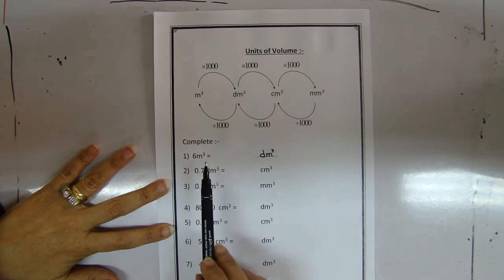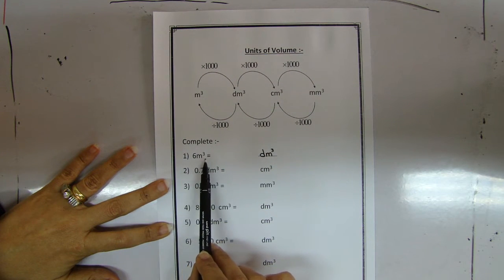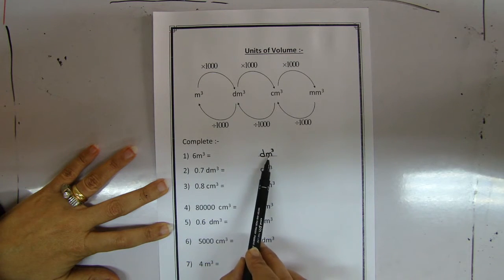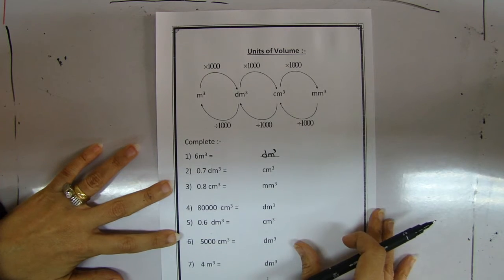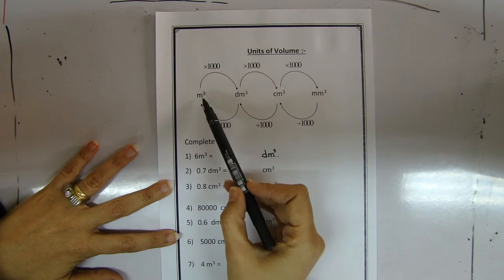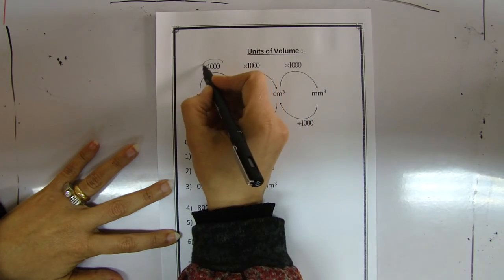For example, number 1, 6 cubic meter equals what cubic decimeter? We said from cubic meter to cubic decimeter, what? Excellent.